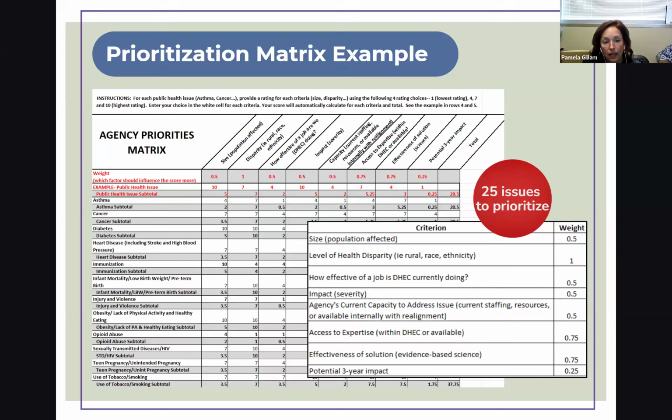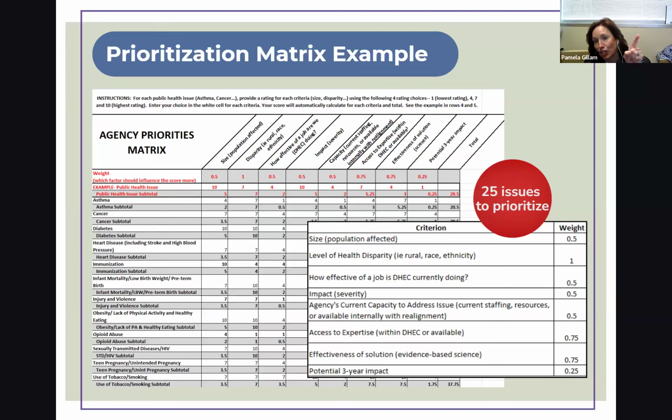So you're multiplying the 2 numbers together. You see the example here in red, where the weight was 0.5, the public health issue was ranked as a 10, just whichever order, and then we multiplied the 10 times the 0.5 to get 5, just to give you an example.